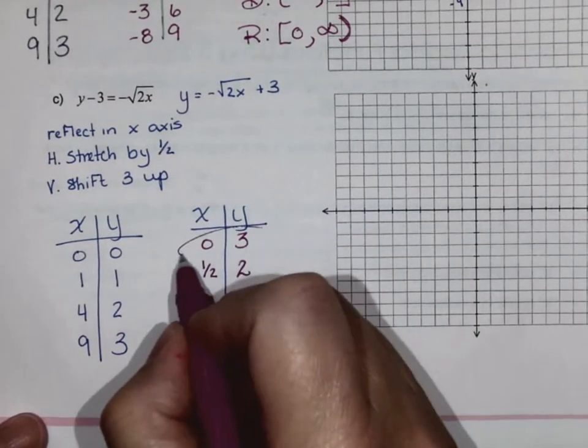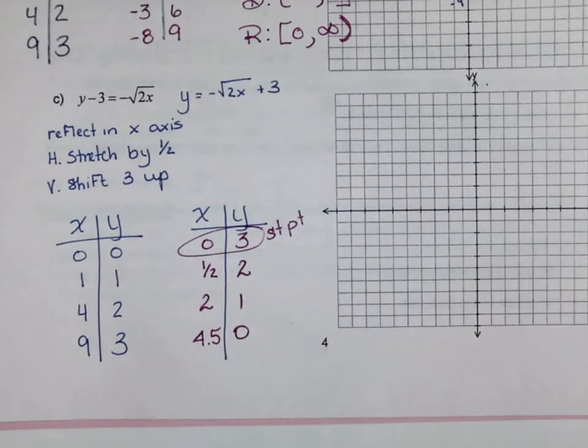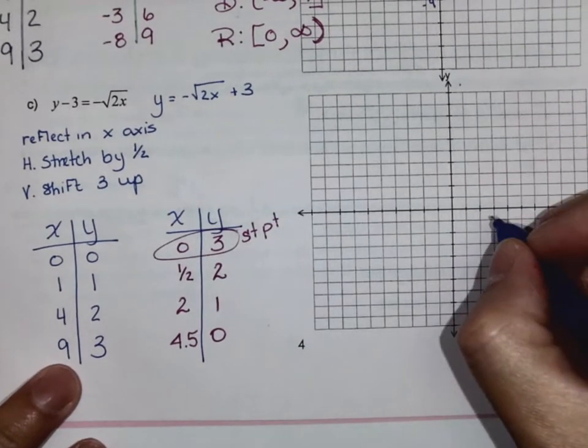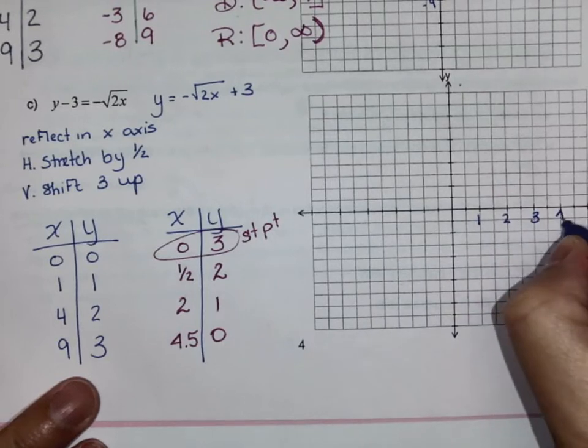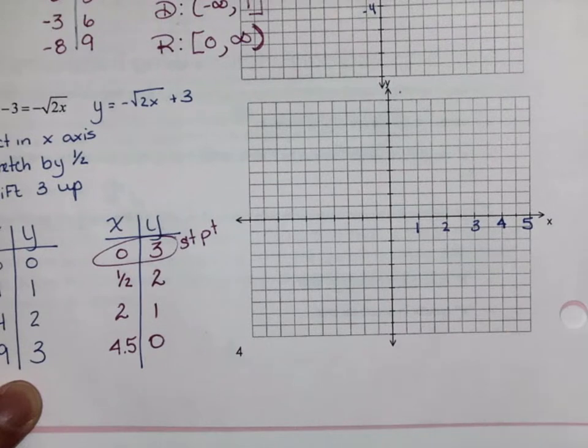So again, this is my start point. This is going to be the one that everything goes beyond. So this one's going to look a little bit weird. I think what I'm going to do is this. I got those halves in there, so I want to give myself a little bit more space.